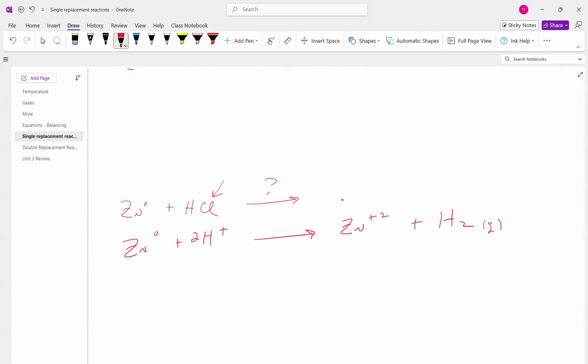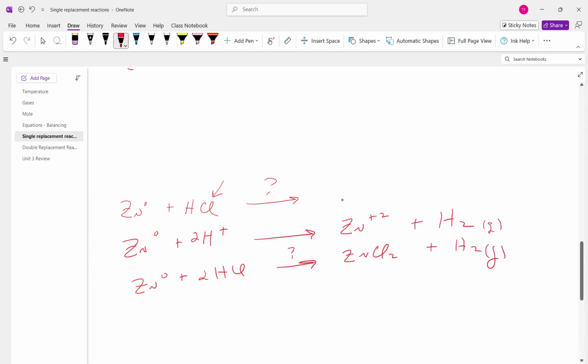What's the spectator ion? Chloride, right. Okay, so now we're going to add in the spectator ion. Okay.